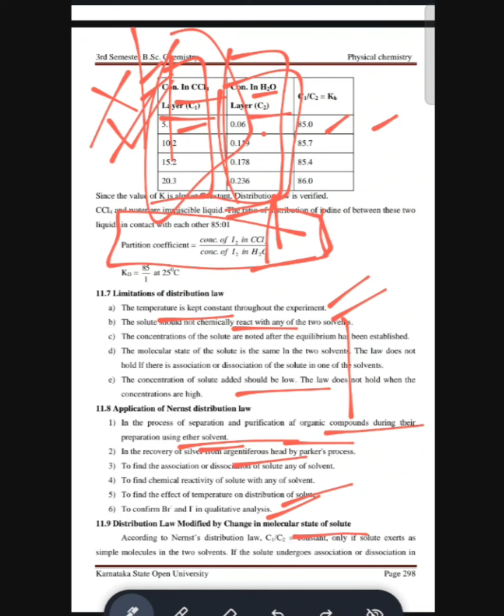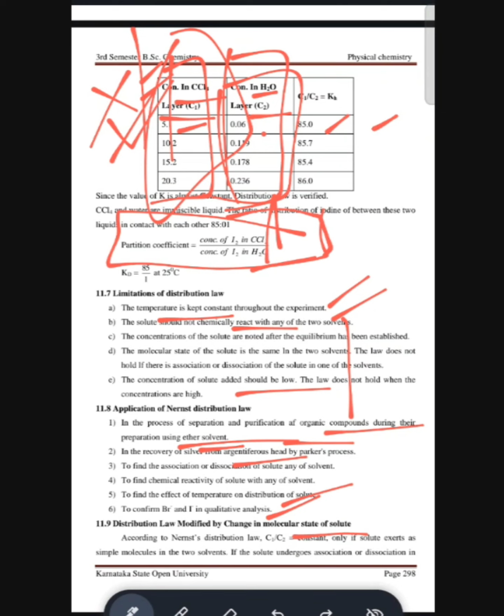According to the distribution law, C1 by C2 is constant. So the concentration of the solute in one solvent divided by the concentration in another solvent will always be constant, only if the solute exists as a simple molecule in the solvent.